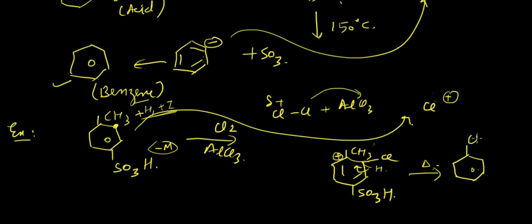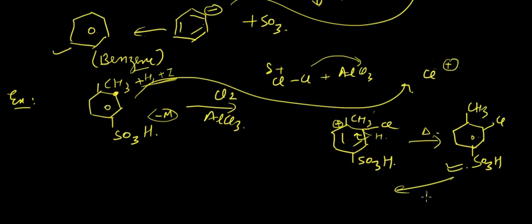So we will have the final product as Cl here and SO3H here. And what happens if we again react this in acidic medium and heat it again? Desulfonation of the ring will take place, and we will finally get something like this as our final product.